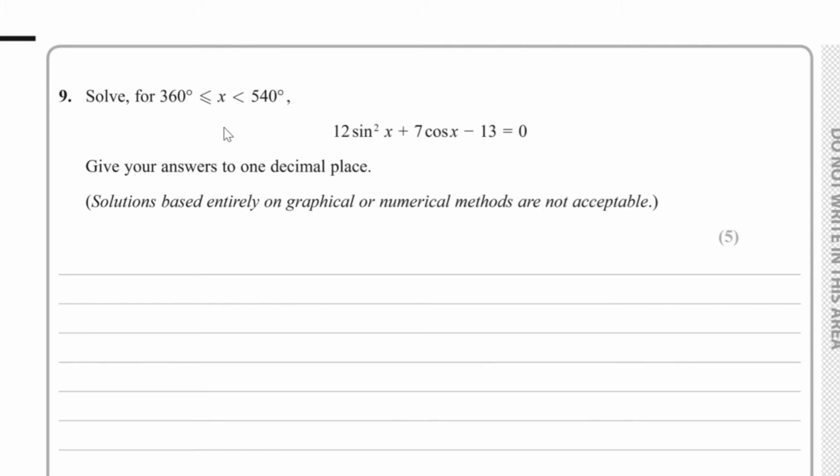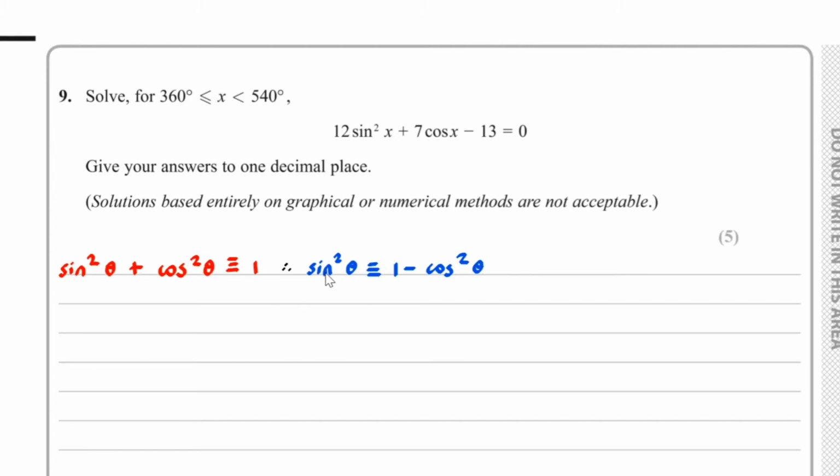Question number 9, we have to solve for x being in between 360 and 540, the equation 12 sine squared x plus 7 cos x minus 13 equals 0, giving our answer to 1 decimal place. To begin with, we know already that sine squared theta plus cos squared theta is equivalent to 1, from which we can conclude that sine squared is equal to 1 minus cos squared.